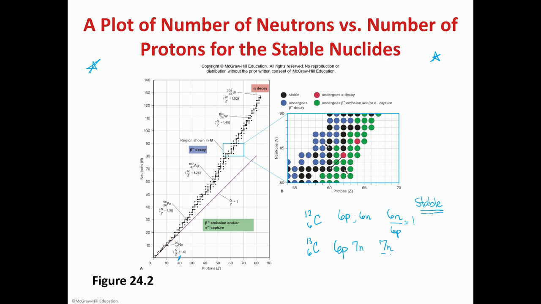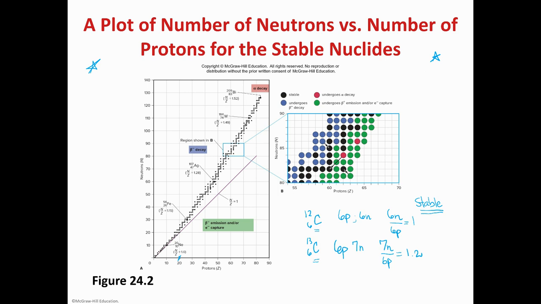So our ratio of neutrons to protons, well, I'm going to see what number I get there. 1.2. It is still stable. You do have in nature carbon 13, but the bulk of the sample of carbon is carbon 12. Most of it's this one, but you have a small percentage that's carbon 13.